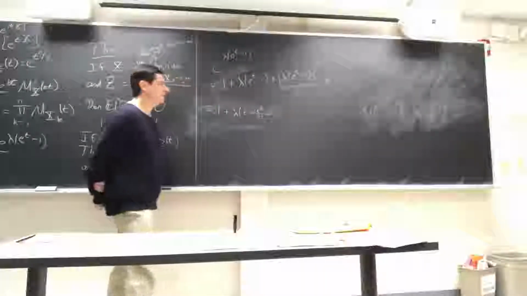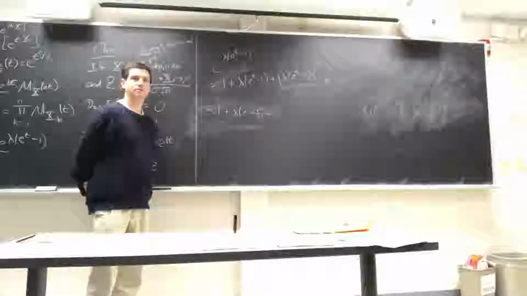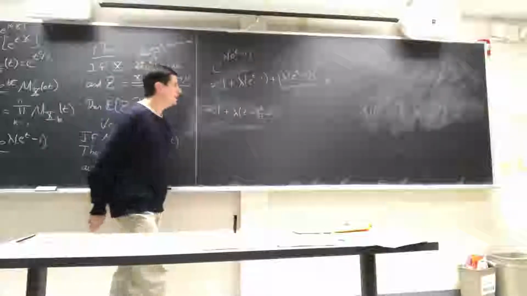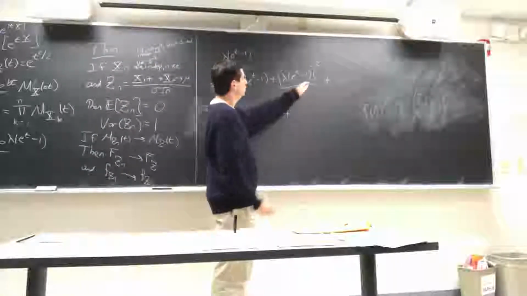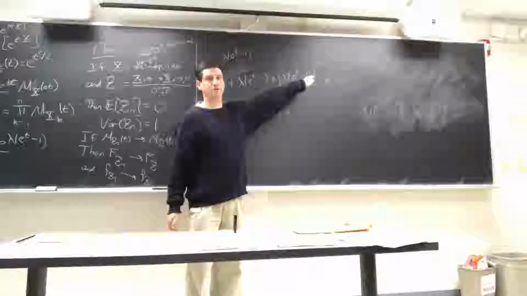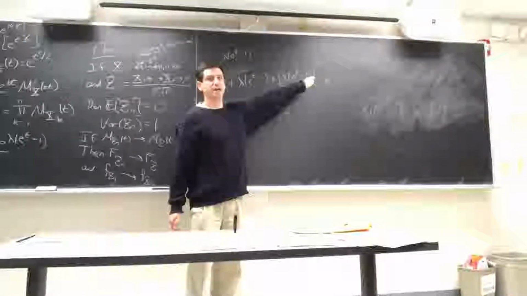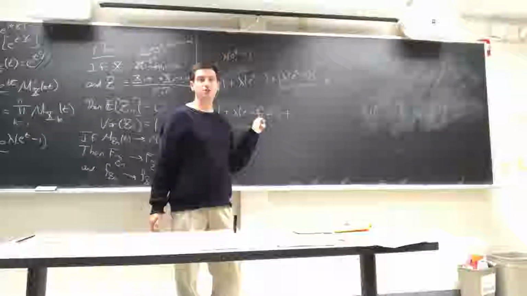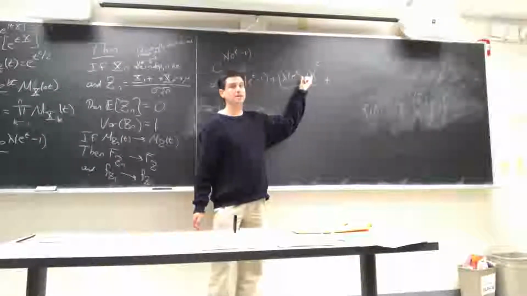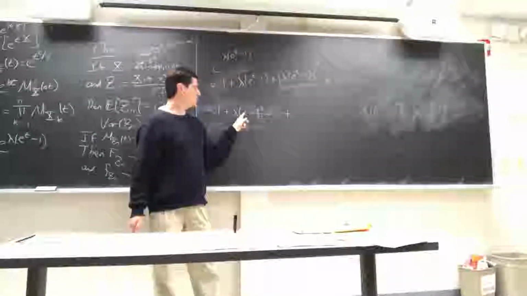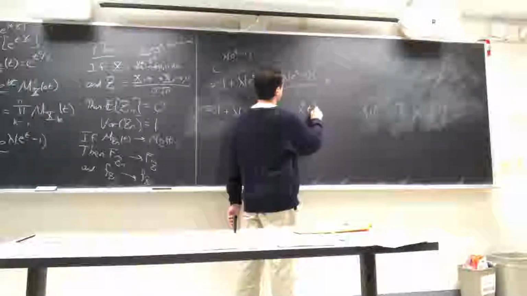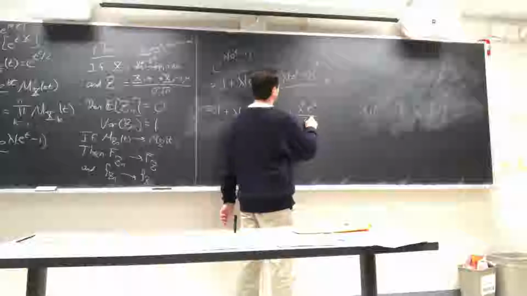Do I need to worry about anything else? Not if I just want to find the first two moments. Now for the next one, do I need to worry about the t squared term here? No. Because when I square it, it will give me a t to the 4th, or if it hits the t, it'll give me a t cubed. The only thing that's going to matter here is when I square this out, it's just going to be the t part. So I would get lambda squared t squared over 2 factorial.